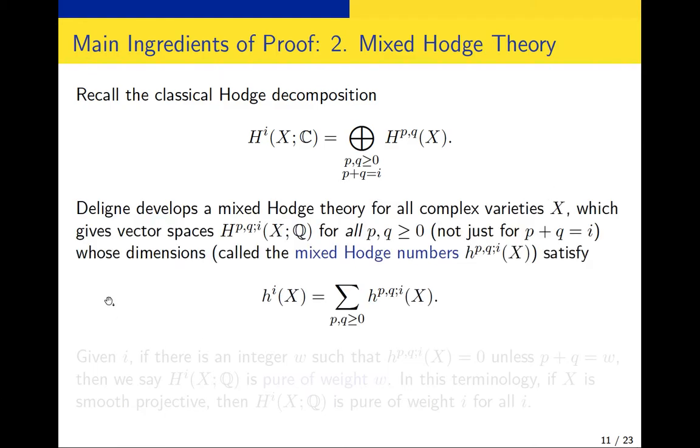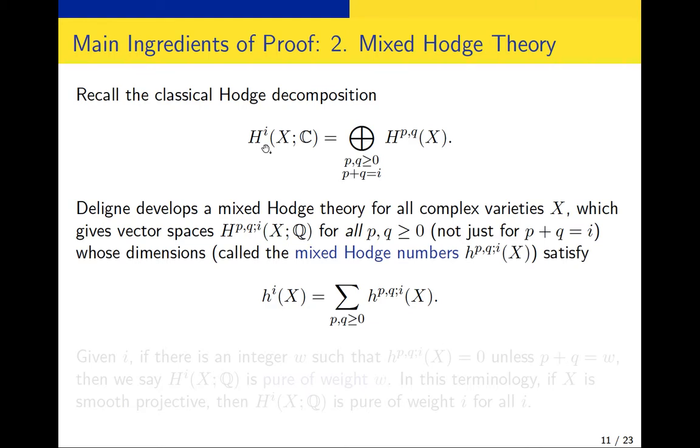And Deligne developed a mixed Hodge theory, which is a generalization of this, but works for all complex varieties, including the non-smooth ones and the non-projective ones. They give vector spaces H^{p,q,i}, and we can sort of view them as a decomposition of H^i, the singular cohomology, except that the inner structure is more complicated than that, and there are some filtrations there.